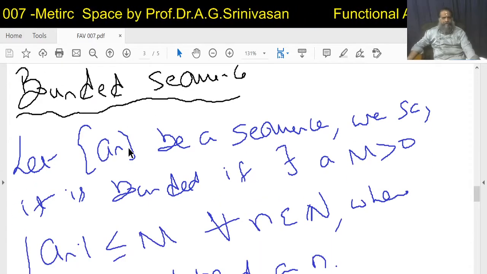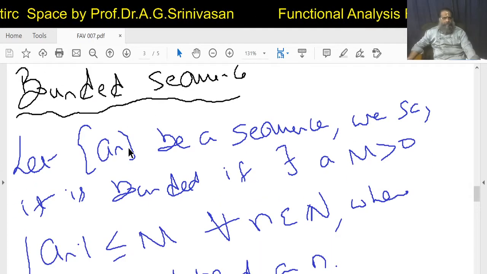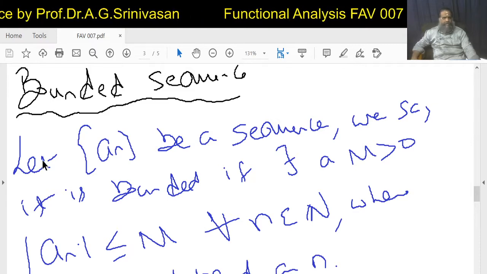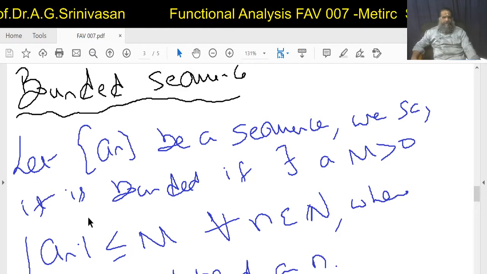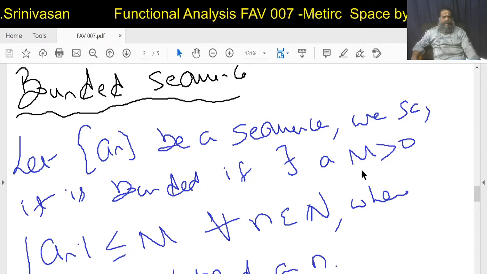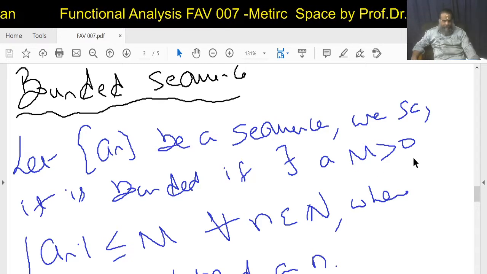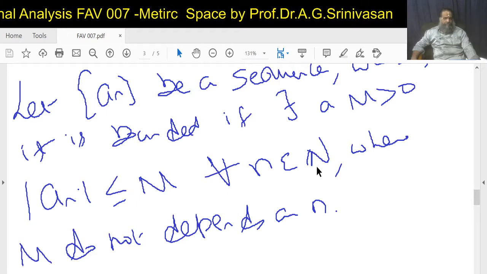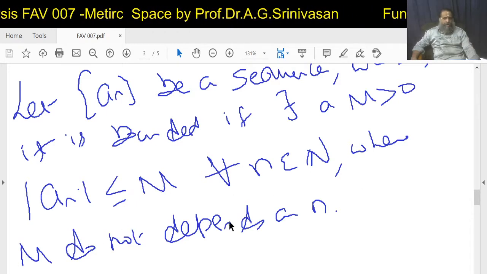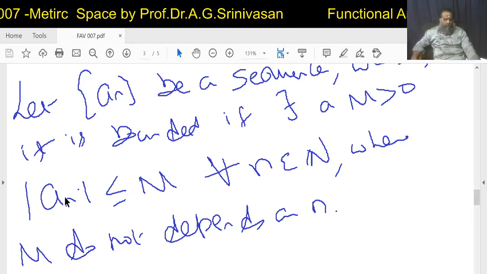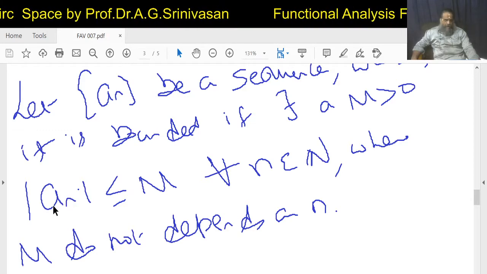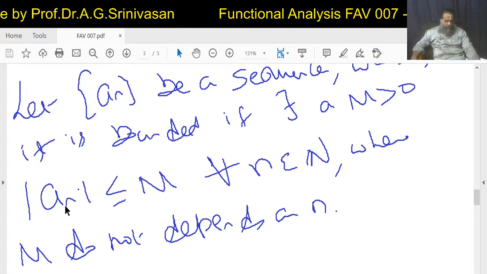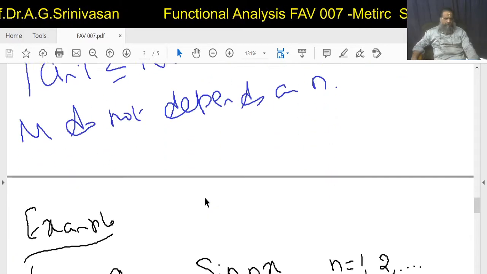Let's now take bounded sequence. We already explained in the previous videos what bounded sequences are. I'll do one more quick revision. Let an be a sequence. We say it is bounded if there is a real number m greater than 0 such that modulus an is less than or equal to m for every n belonging to N, where m does not depend on n. a1 is less than or equal to m, a2 less than or equal to m, and so on. Let's give an example.